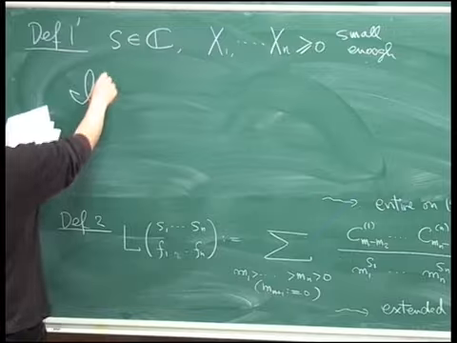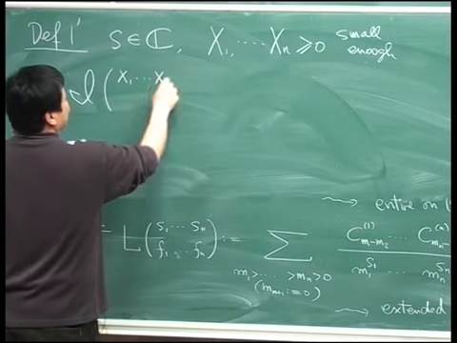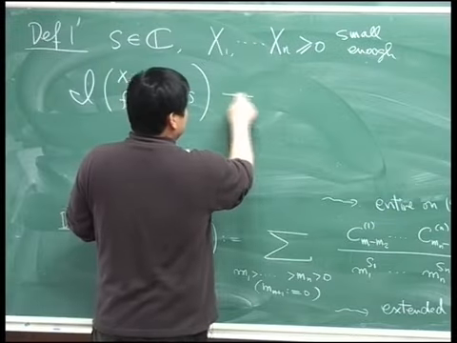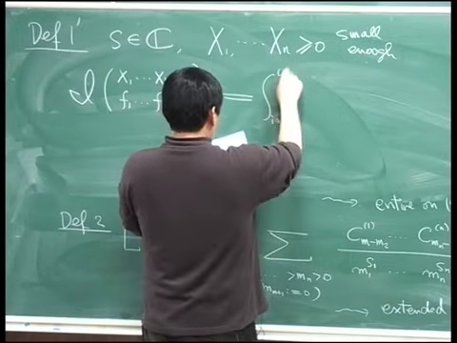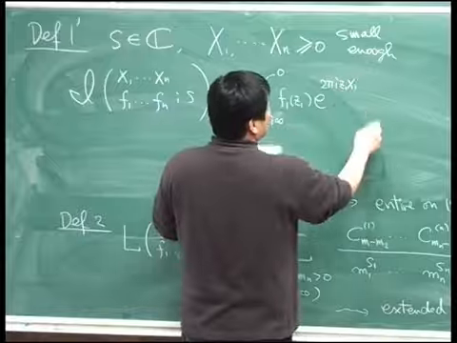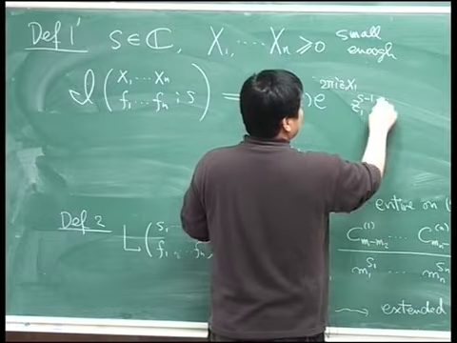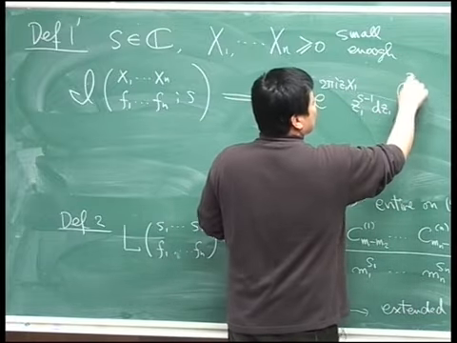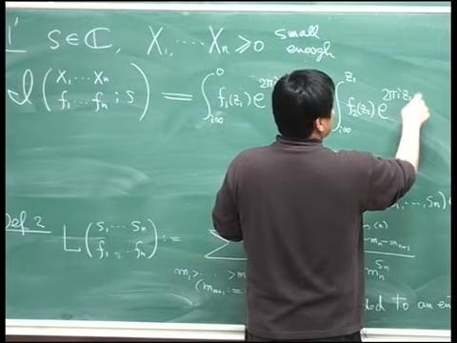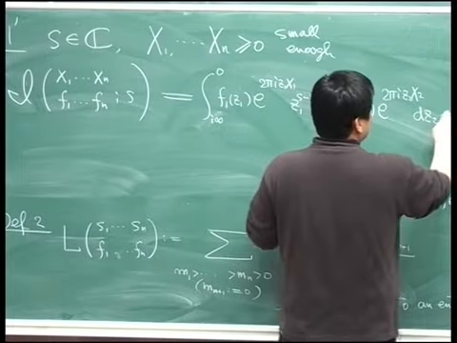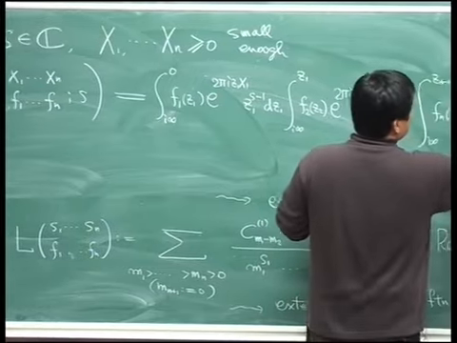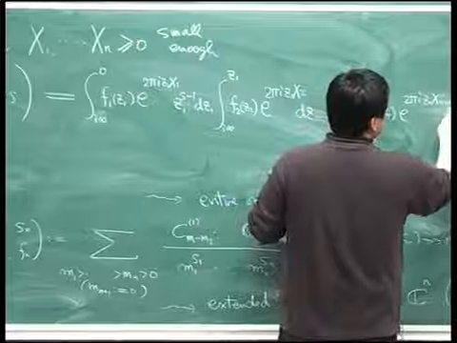I define the following power series: exponential of 2 pi i p1 x1, s1, s minus 1, t, then exponential of 2 pi i p2 x2, up to exponential of 2 pi i pn xn, t to the power pn.